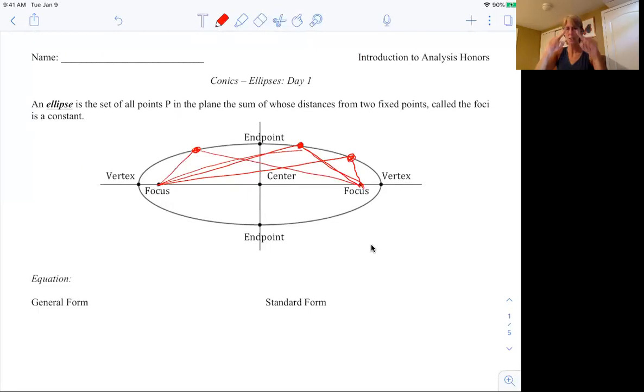Okay, and see, I'm connecting to the focus. So as you travel around that ellipse, that's what makes up the ellipse.